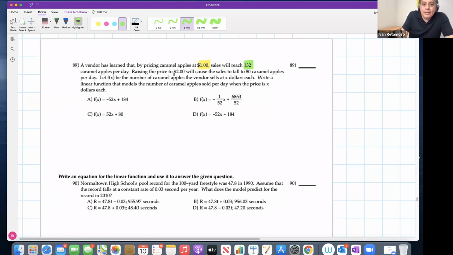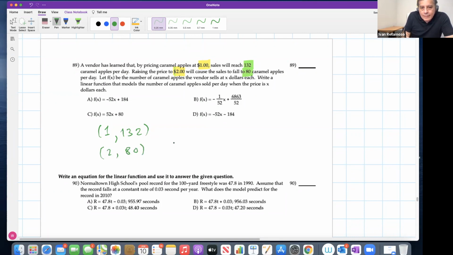But if he raises the price to $2, fewer people will be willing to pay for this increase, so the number of caramel apples sold will decrease to this number. So pairing, right? Look, input 1, output 132, input 2, output 80. So find the equation of the line passing through these 2 points, and you should be good with this problem.